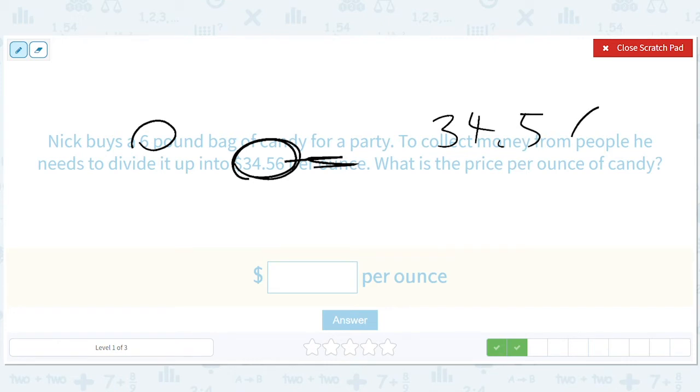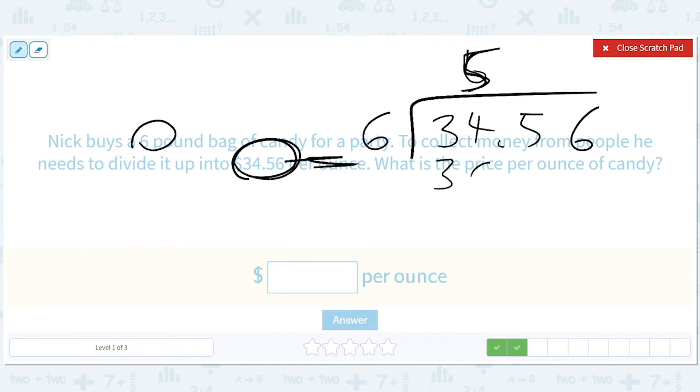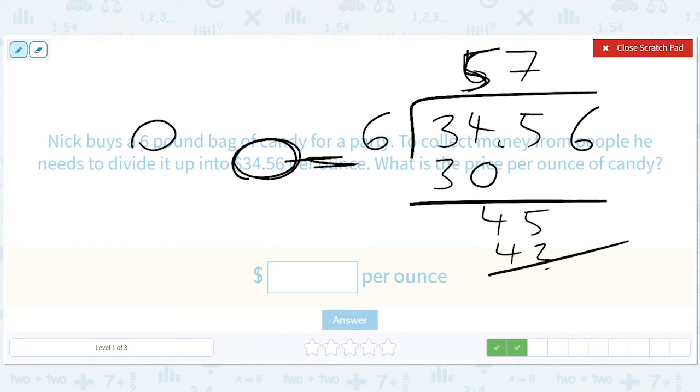$34.56. We'll divide by 6, and we'll get 5. Times 6 is 30. And we'll get 5. And we'll get 7 over here, and we'll get 42. And we'll get 36, and then that'll give us a 6, and then that'll give us 36, and we'll end up with 0.